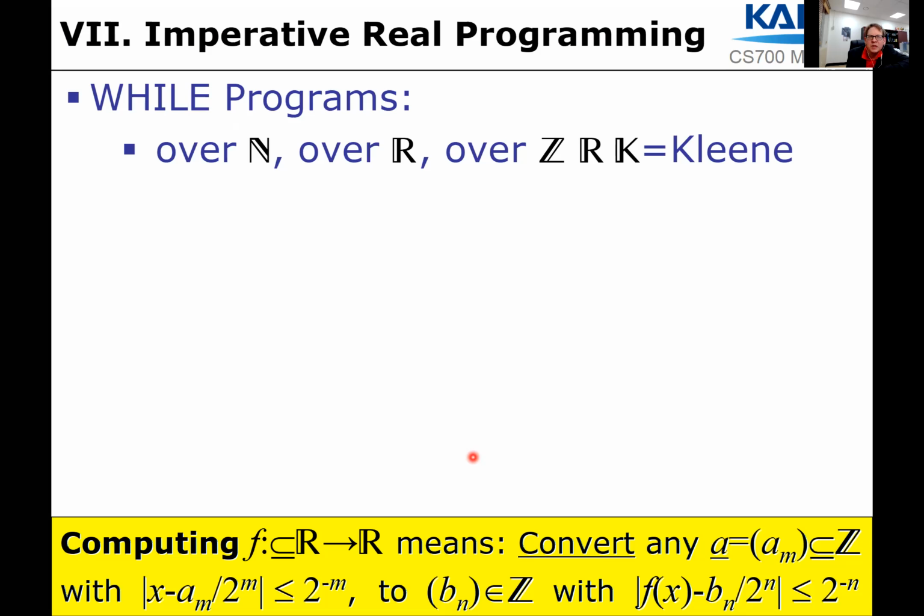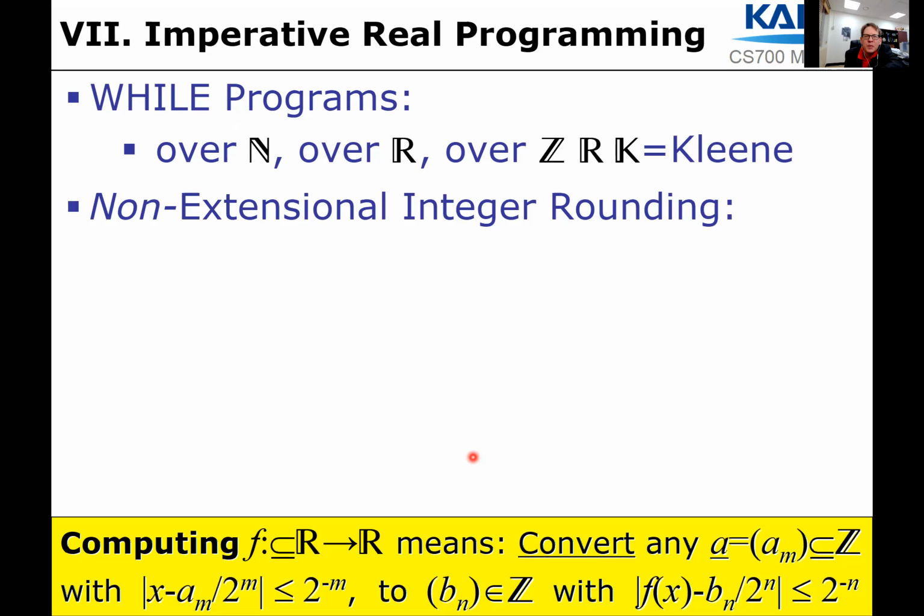Instead, we would consider while programs over a three-sorted structure: integers, real numbers, and this special three-valued logic data type, Kleenean logic. And we would consider a non-extensional version of an integer rounding, which we know is computable, for which we would actually devise an imperative program.